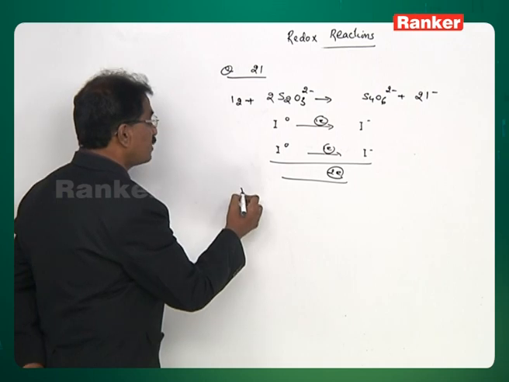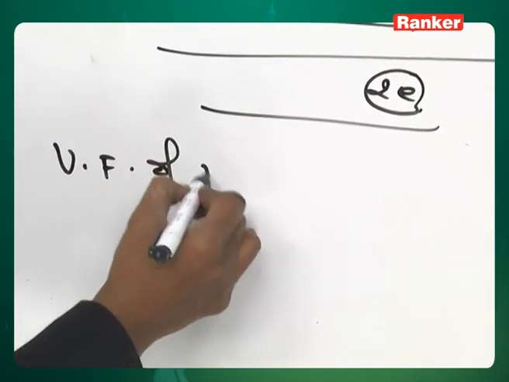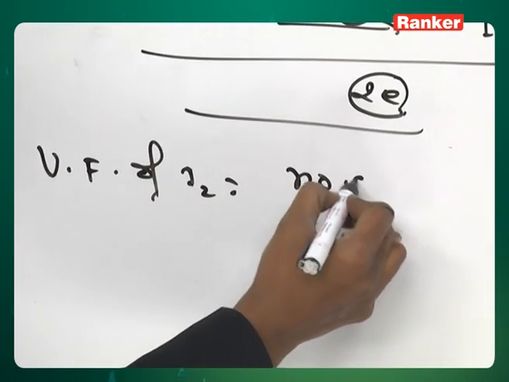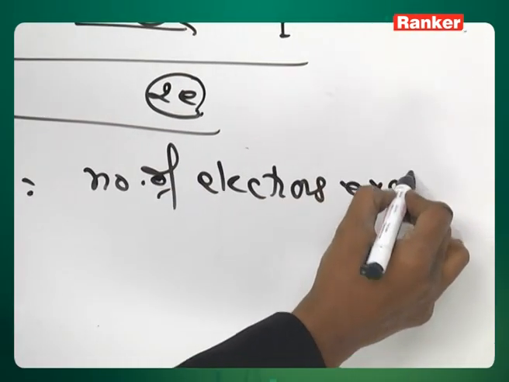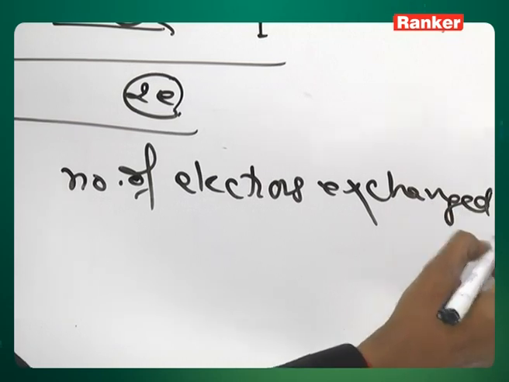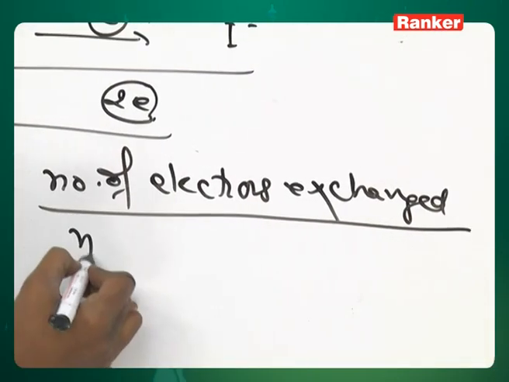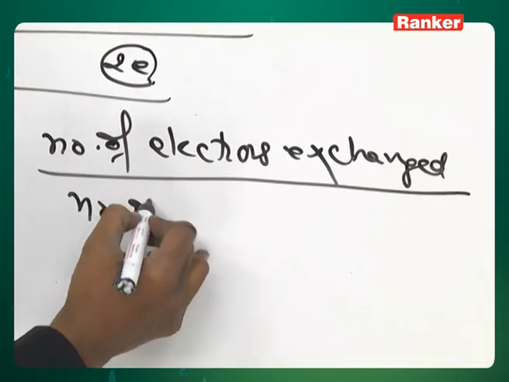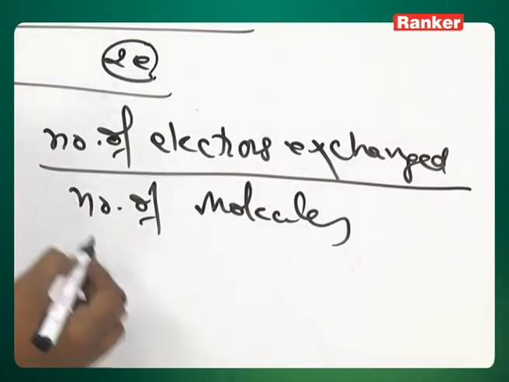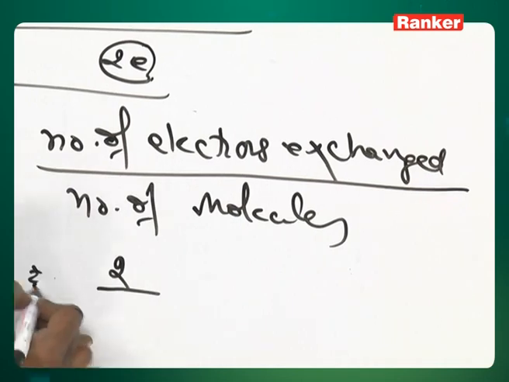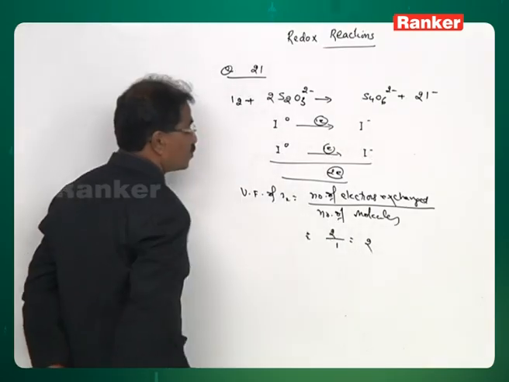Therefore, valence factor of iodine is the number of electrons exchanged by the number of molecules. So, valence factor is 2.